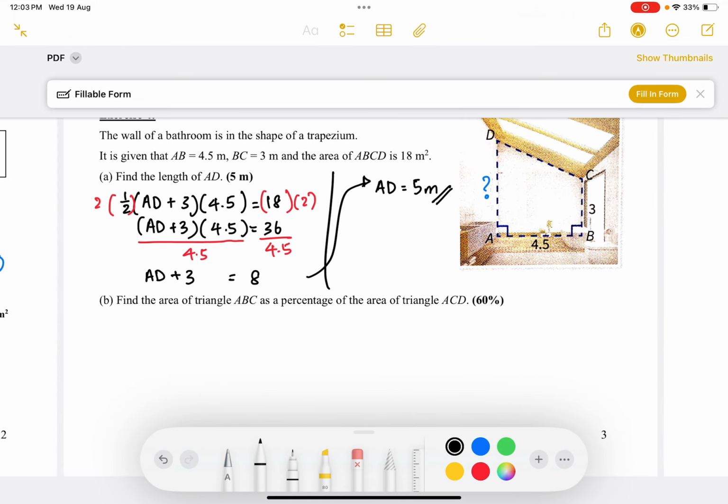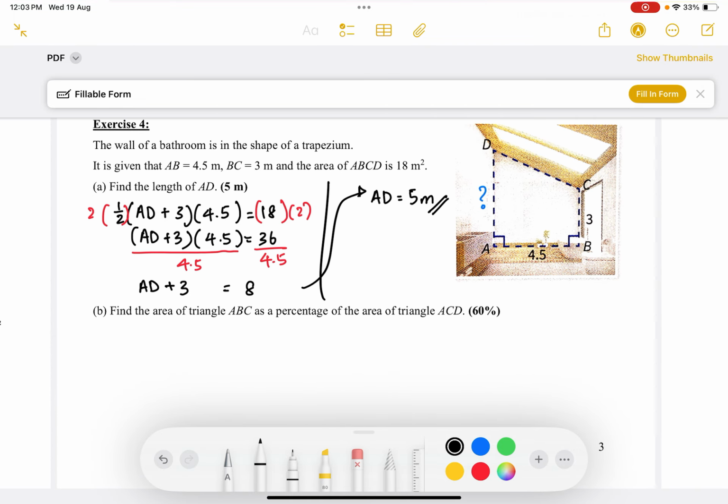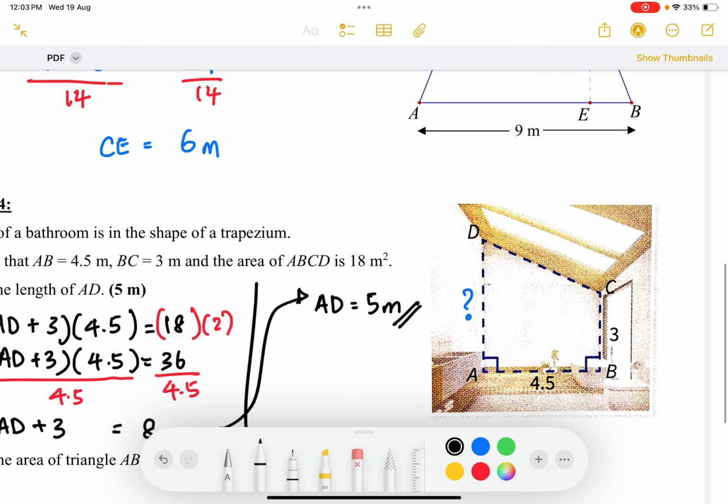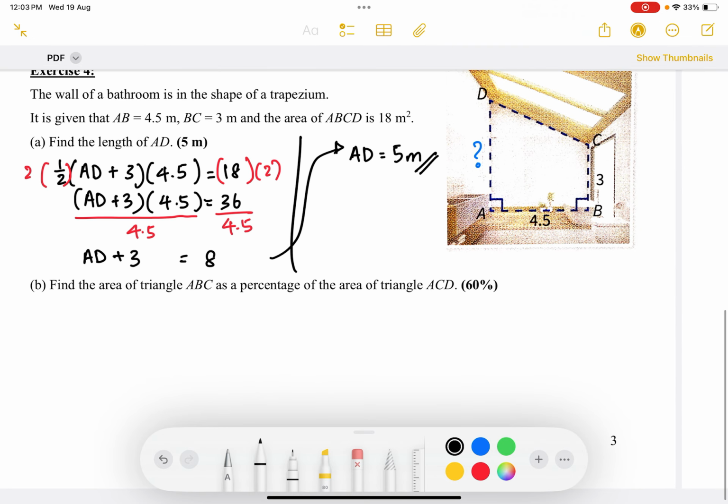Okay, next one is to find the area of the rectangle. Find the area of triangle ABC. Let's identify it. As a percentage of the area of triangle ACD, compared with this area. So we are dealing with areas of triangles.